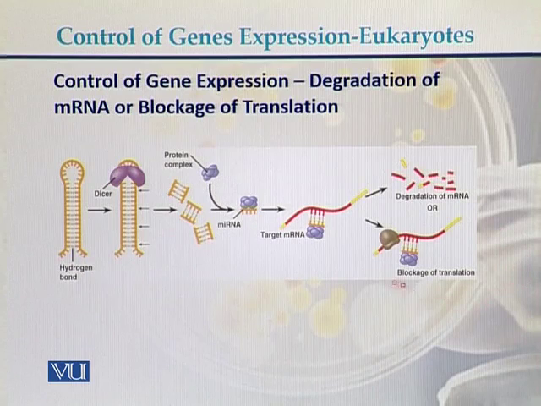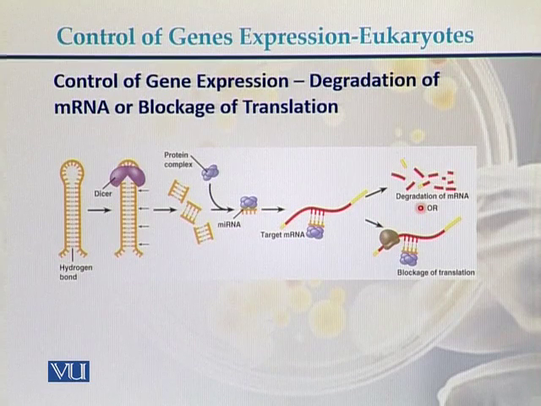Control of gene expression can also be due to the degradation of messenger RNA or the blockage of translation. There are microRNAs that have been identified in the genomes. These microRNAs attach to the messenger RNA that has been produced by transcription, and this messenger RNA is either degraded or its translation is blocked. MicroRNA can control gene expression by two methods. First, the microRNA degrades the messenger RNA.